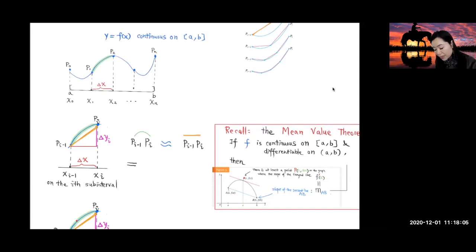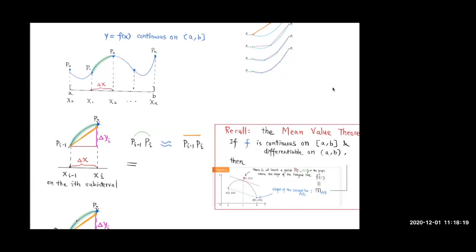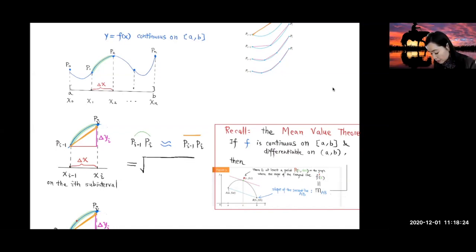By the Pythagorean theorem, what is an expression for the length of this segment? Anyone? Square root of x squared plus y squared. You got it. So that's the square root of delta x squared plus delta yi squared, by the Pythagorean theorem. Later on, we want to turn that into an integral to find the arc length.